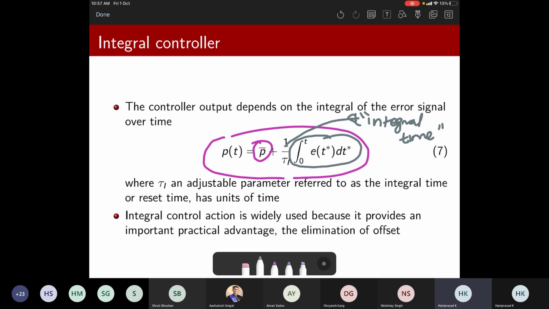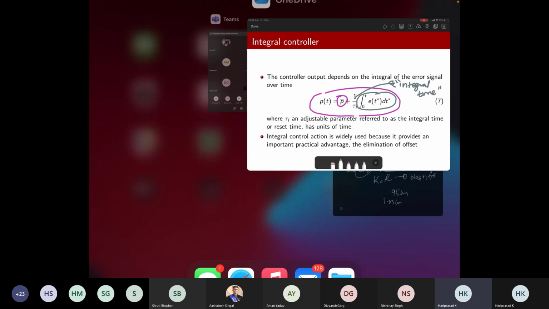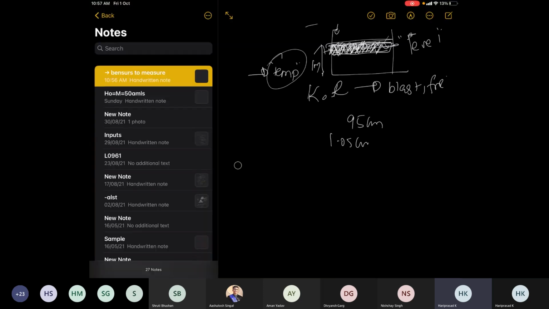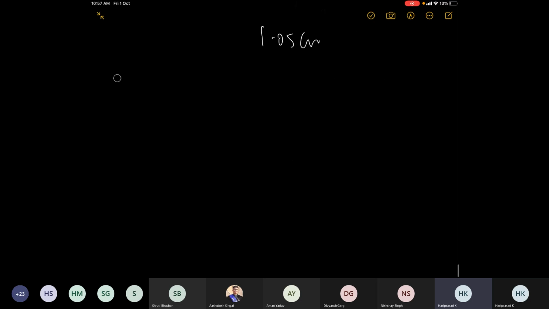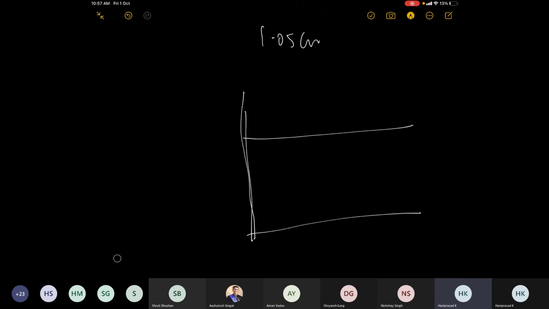Technically there is one advantage of the integral controller: it can eliminate offset. We will see what this means, okay? Let's say we try to plot error with respect to time, and this is your set point, and this may be the error, and finally it controls.